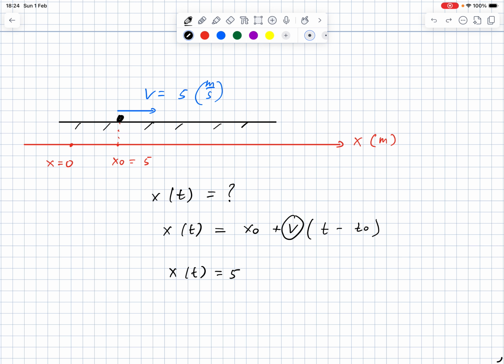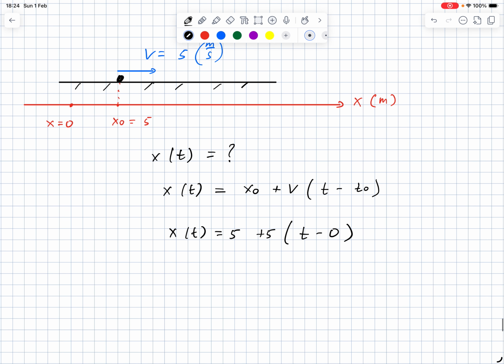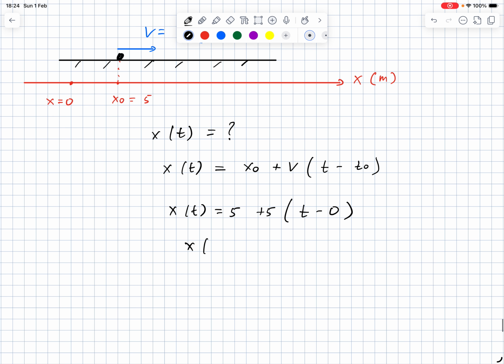That's why we get plus 5 times t minus 0. And finally, we get this expression of the function that can help us determine the position of this object at any given time t.